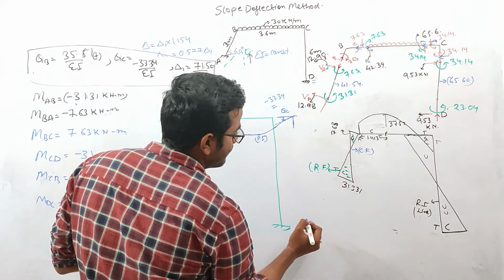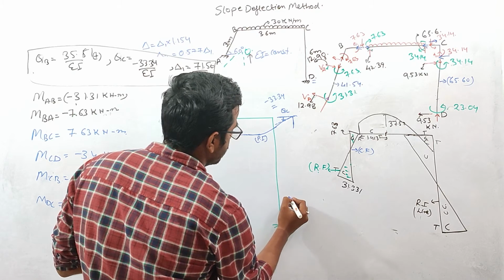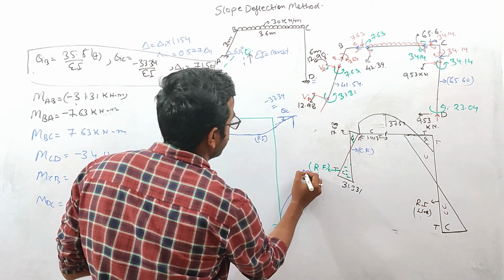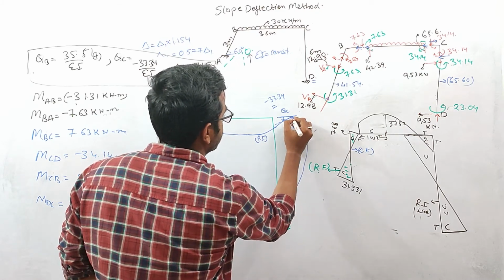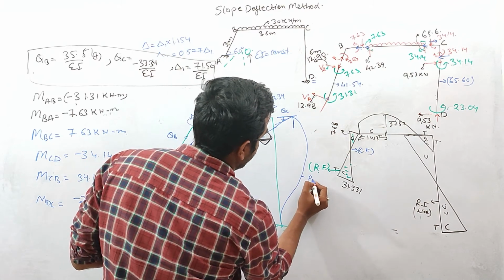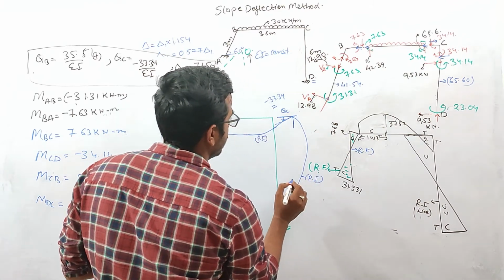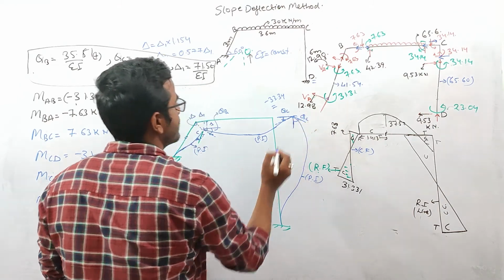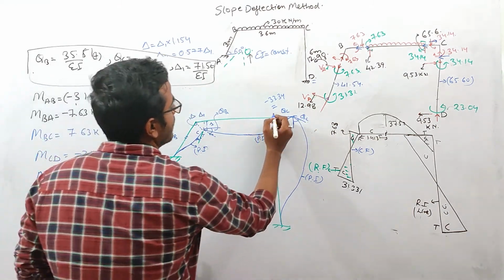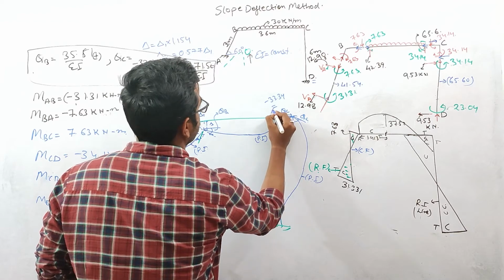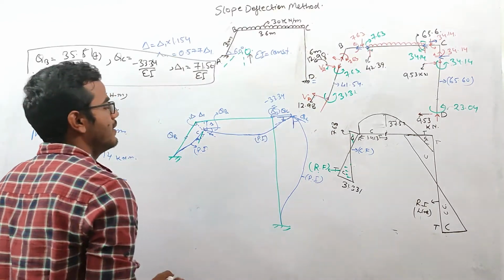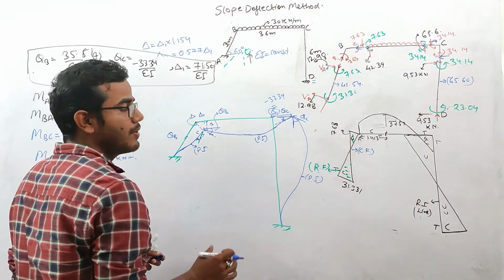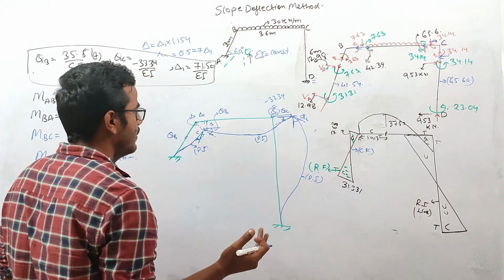At this point D there is no rotation, and again at some point it will change its curve. So let us suppose this is the point of inflection in the deflection diagram. Here also you can see that this is theta C, which is anticlockwise. And this horizontal movement is delta 1 only. It won't deflect in the vertical direction because the member is inextensible.